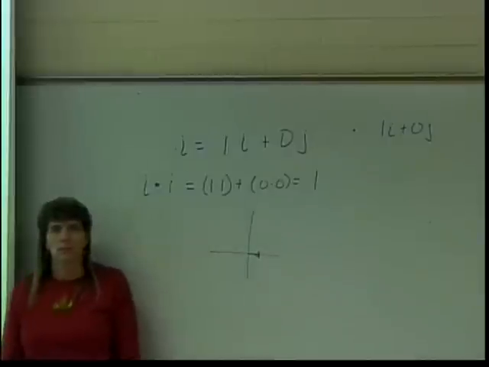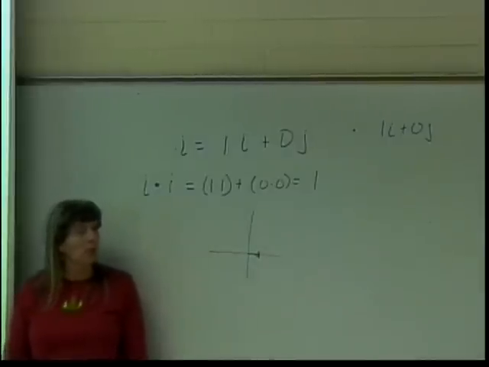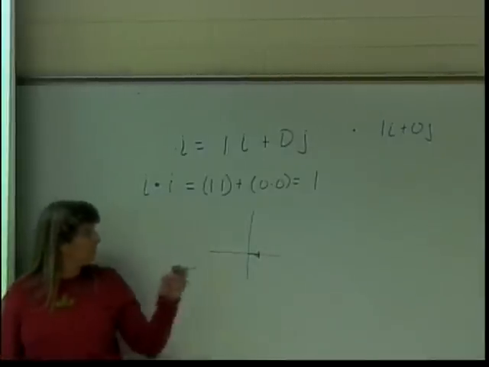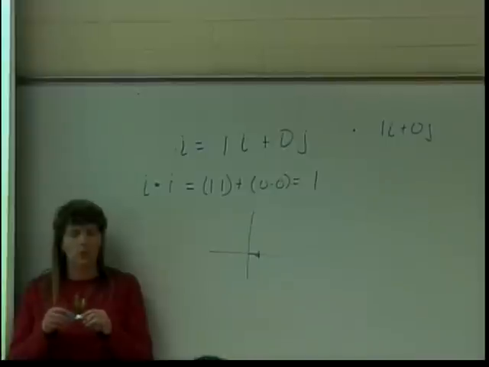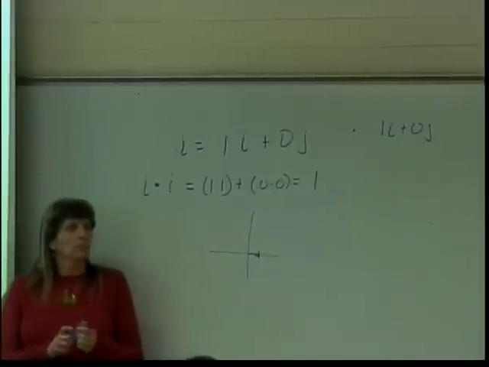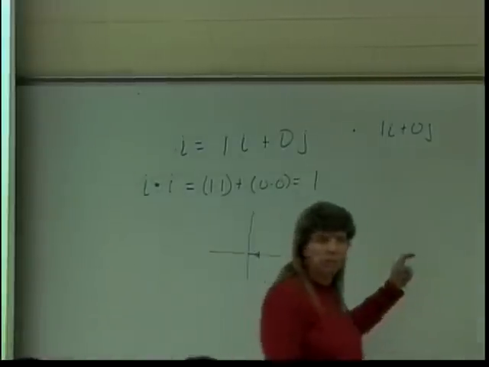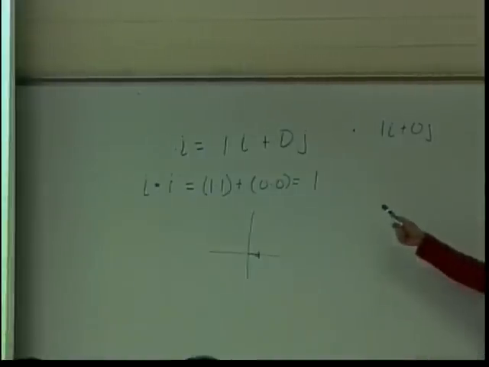Everybody agree? So i and i are both going in the same direction, and that's going to be an important piece of information. Their dot product came out to be 1. Dot products which come out to be 1 can indicate that our vectors are the same vector or parallel vectors.